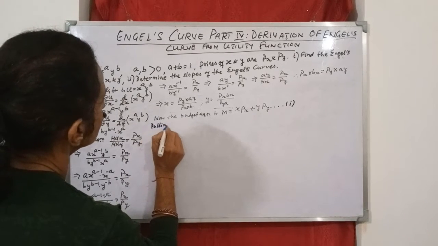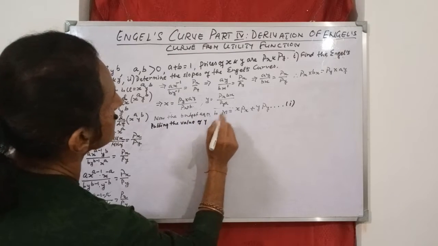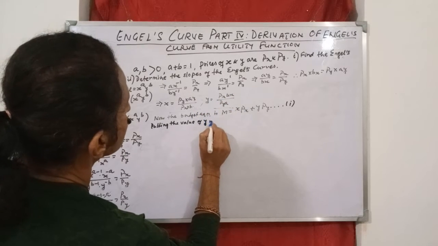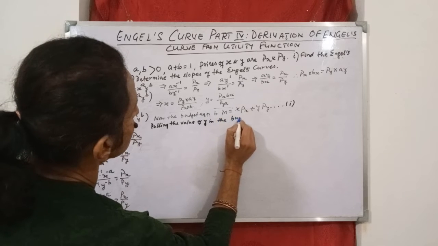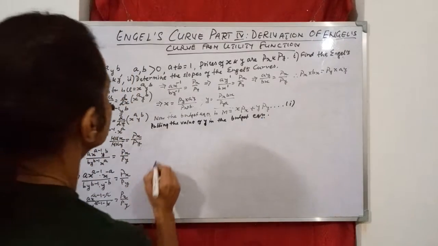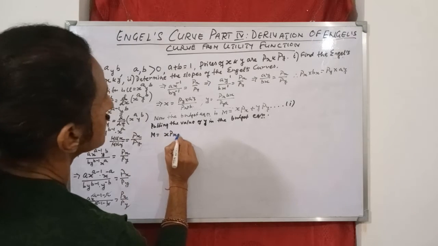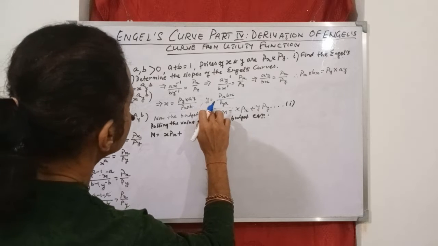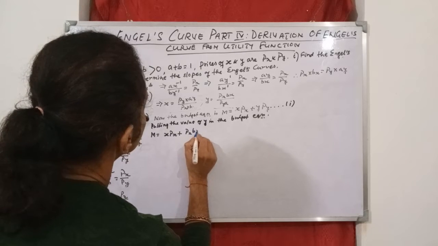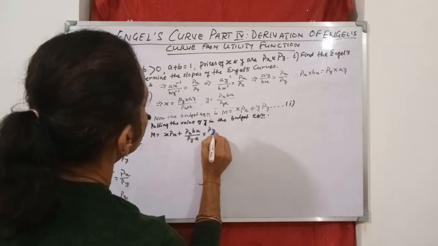Putting the value of y, that is px into bx by pya, putting the value of y in the budget equation, what do we get? M equals xpx plus, in place of y we put px bx divided by py into a, into py.